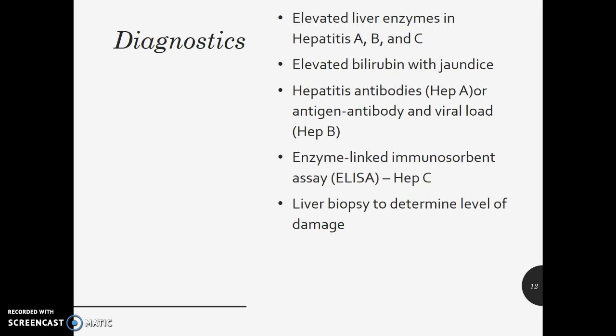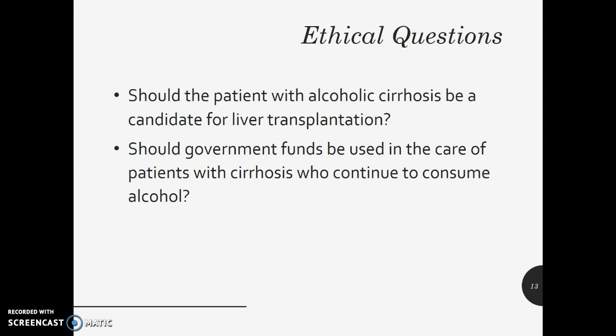And then for Hep C, the test that we use is the ELISA test. And then if they're trying to determine the level of liver damage that has occurred from hepatitis, they may again do a liver biopsy with the idea that they have to be careful with that procedure, as I mentioned before, because of potential for bleeding.